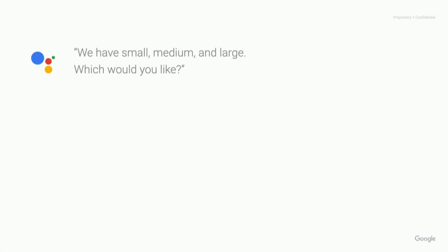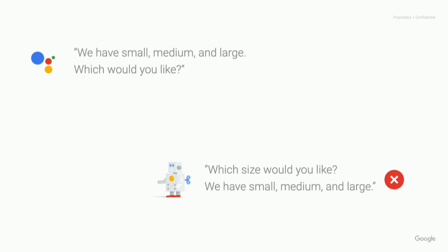Also, as I mentioned earlier, there are lots of little design strategies in conversation design that can help the experience go well. For example, we try to do something called front loading, which means that you give all the information to answer a question before you ask the actual question. You see an example here of front loading. We have small, medium, and large. Which would you like? As opposed to saying, which would you like?